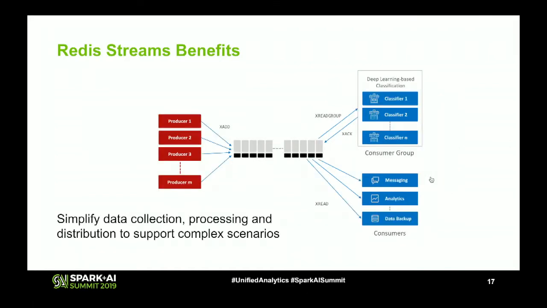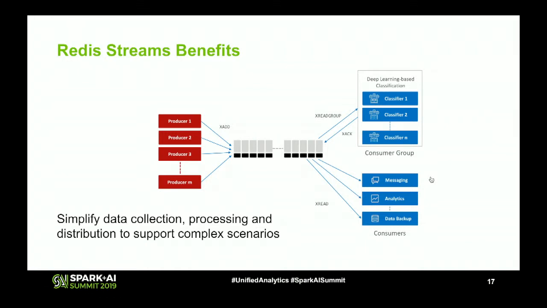Right? And also, you can simplify. Now, this is a complex scenario where you have a lot of producers, a lot of consumers, and many different types of consumers who have very different needs. You can have consumers that do look-back queries that are not listening to Redis streams for asynchronous messaging.